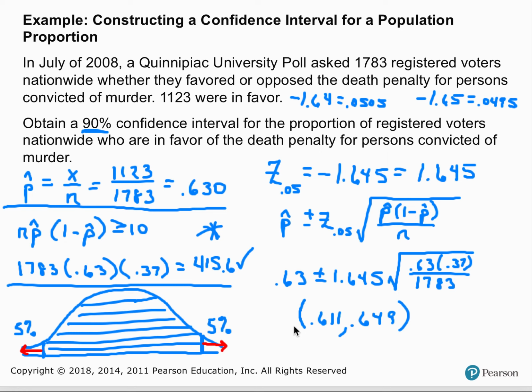Unfortunately, we cannot know whether the interval we constructed is one of the intervals that contains P or one of the intervals that does not contain P. Does that make sense? Let me know if you have questions. We'll do another example here in a minute.